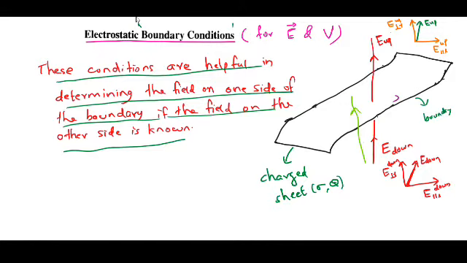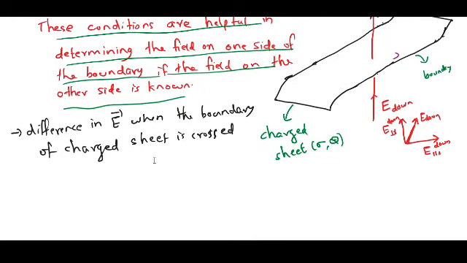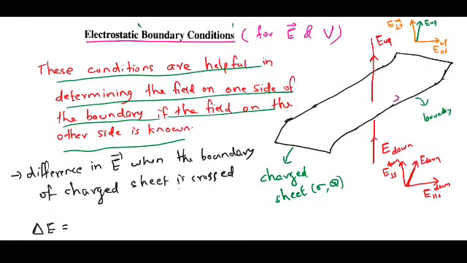That is denoted by delta E. Means here we have the E down and here we have the E up. The difference in these two is represented by delta E. Let us write E up minus E down.